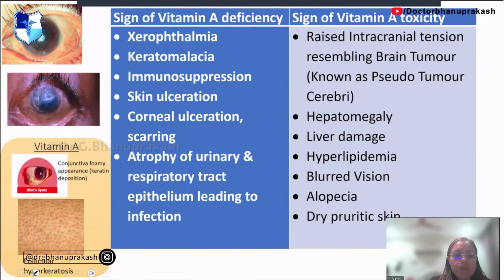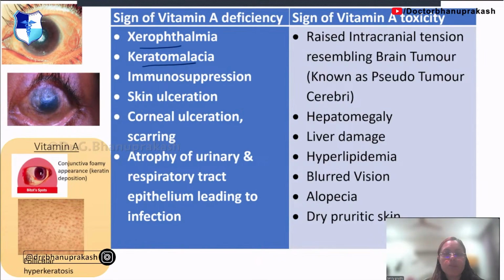Then for vitamin A, I have written vitamin A deficiency signs and toxicity signs on the same slide so that you don't get confused and you're able to remember. So on the left side, vitamin A deficiency signs, mostly affecting the eyes: xerophthalmia, keratomalacia, basically dryness in the eyes.